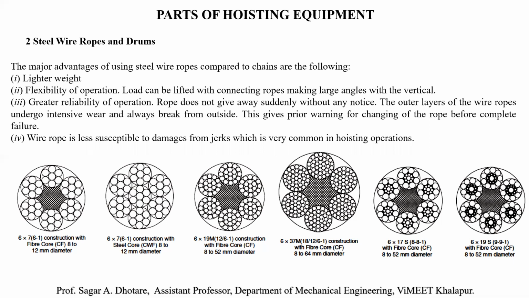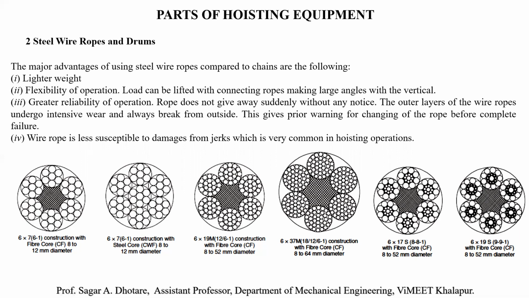A few cross sections you can see in the figure. First one, 6 by 7 construction with fiber core, 8 to 12 diameter. Here, the full rope contains 6 strands and each strand has 7 wires.